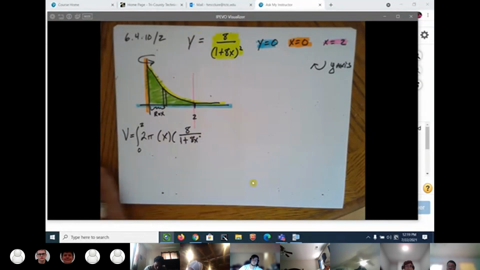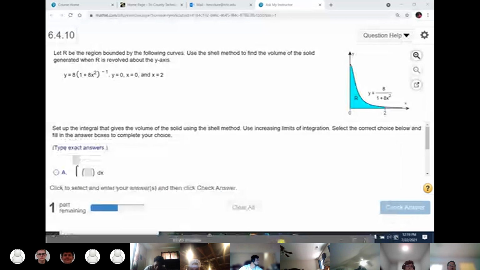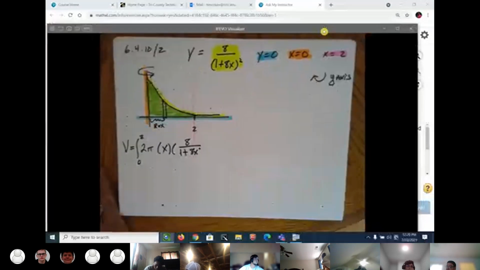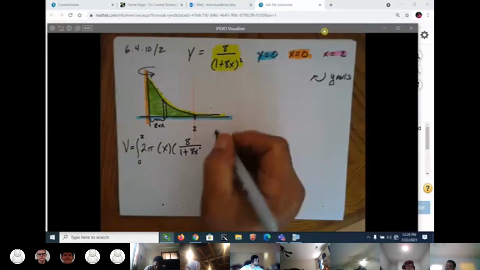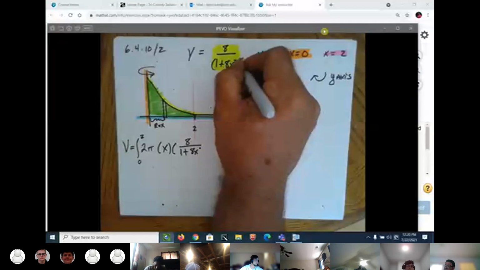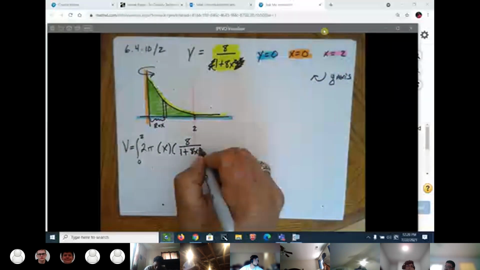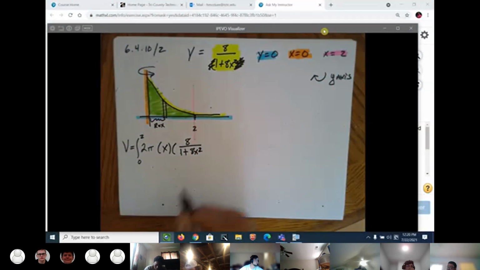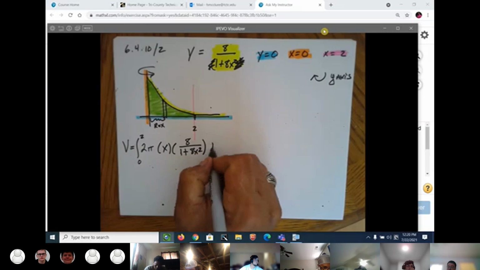Is it quantity squared? Let's look back. 8x squared, sorry. 8x squared, not 8x quantity squared. dx.